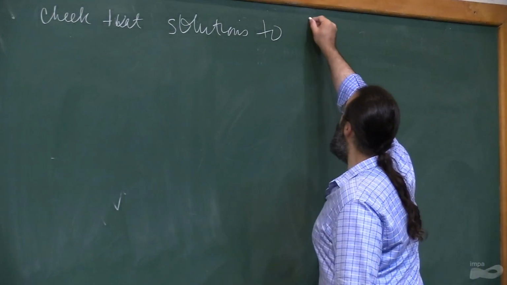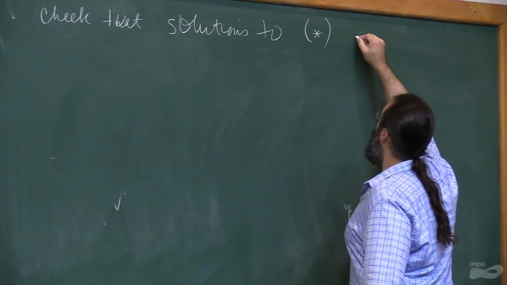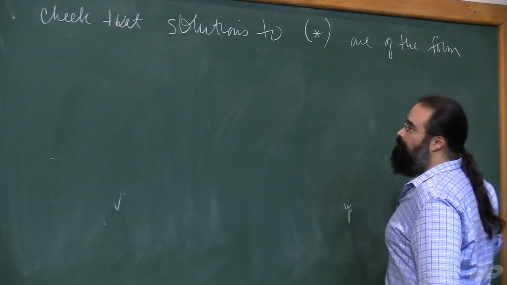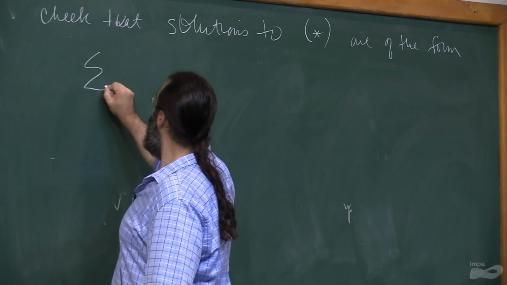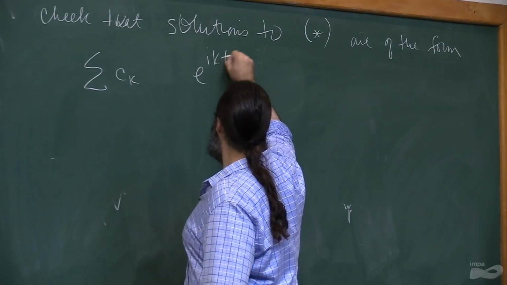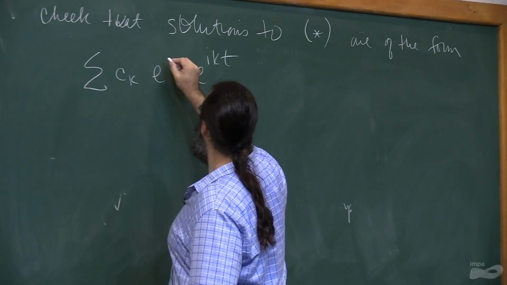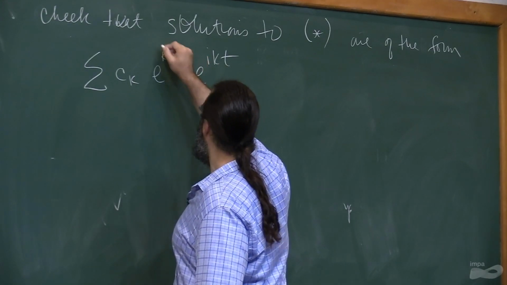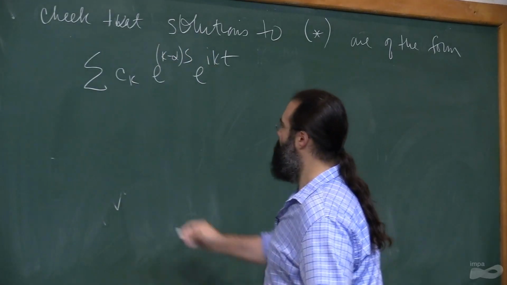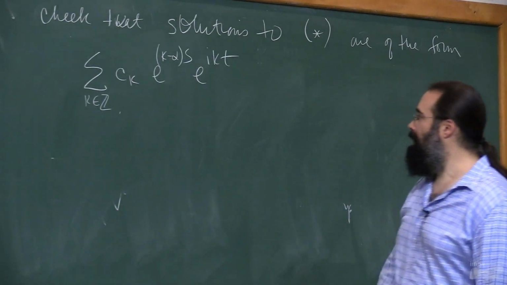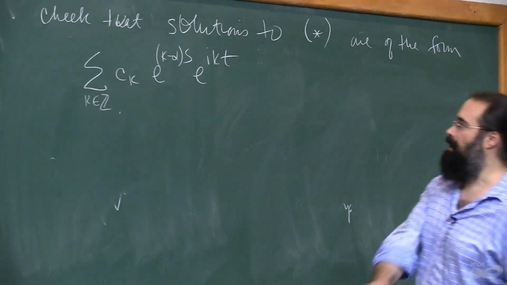Solutions to star are of the form we get a coefficient, e to the I k t, and then e to the (k minus alpha) s. So that is the general solution of that equation.